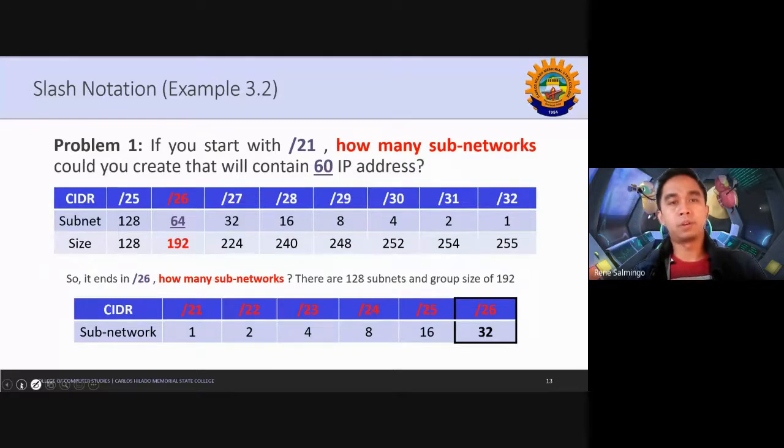Now for problem number 1 in slash notation, this is another problem. If you start with /21, how many subnetworks could you create that will contain 60 IP addresses? When you say 60 IP addresses, this means that this is your number of hosts.